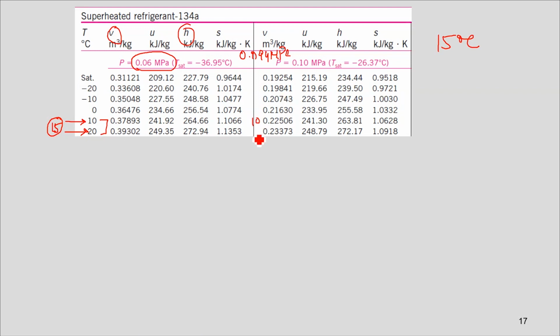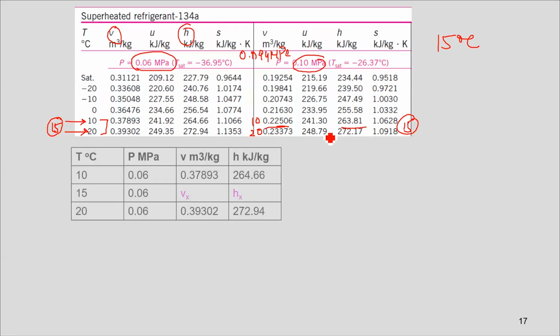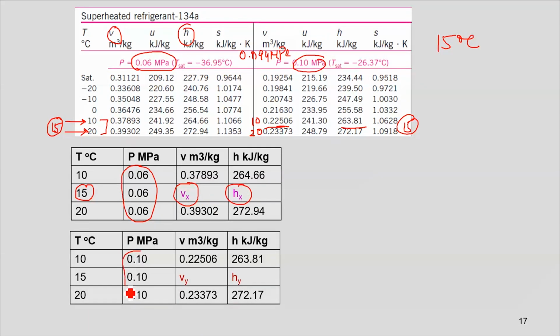Similarly, you will do the interpolation for 0.10 megapascal and find out the values for 15 degrees centigrade, specific volume and enthalpies. So for 0.06 megapascal, you'll need to find out the value at 15 degrees centigrade for specific volume and enthalpy, and so it is for 0.10 megapascal.